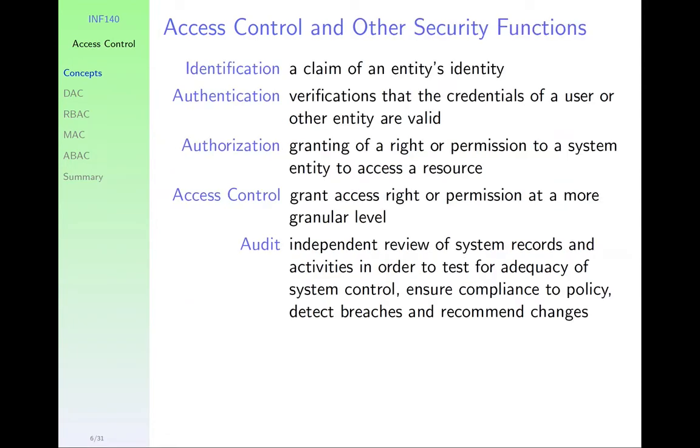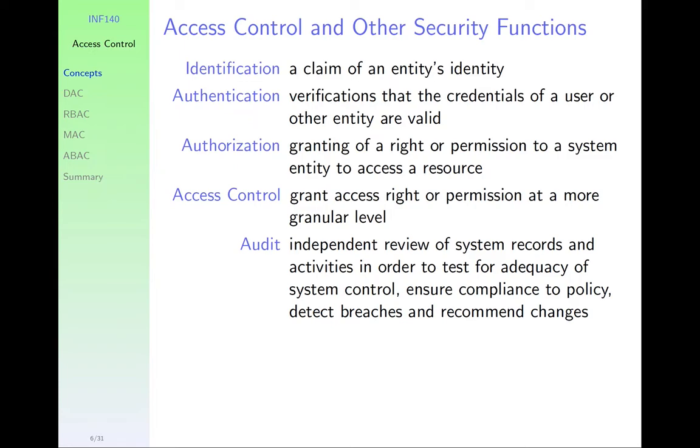We have learned some of these security functions, so here I give you a summary of all of them. Identification, as I mentioned, is a claim of which entity one is. Authentication is the system verifying the credentials of an entity or user, that the claim is valid.